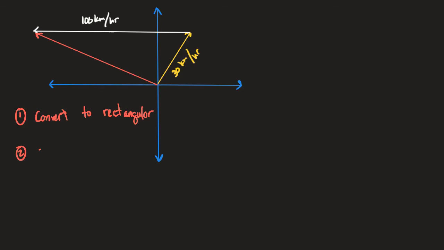Step 2, add like components. Step 3, convert to polar. The answer should always be given as a magnitude and an angle.